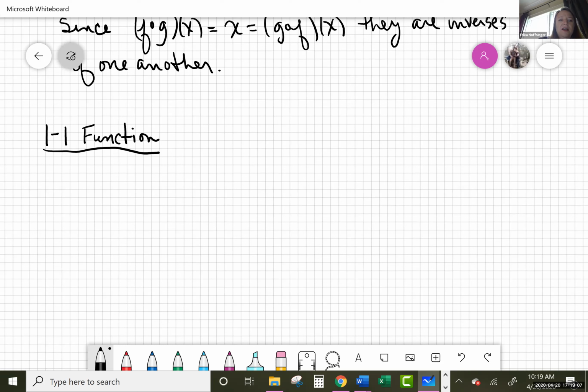This is actually plus the other direction. So in order to be a one-to-one function, for every y value, there's only one x value.